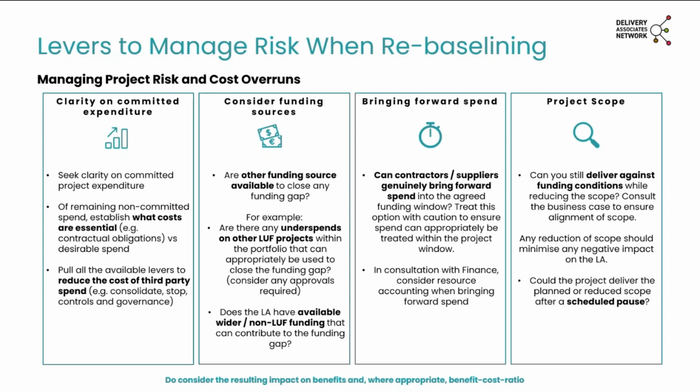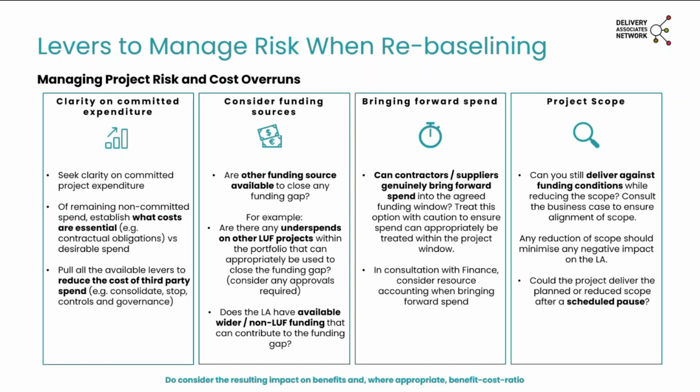This may reduce some of the need for the budget rebaseline, but it's a good idea to ask the question to be as clear as possible on the timelines that you're considering here. Please do speak with your finance colleagues to ensure that resource accounting is considered when bringing forward spend. That essentially means that we're making sure that the spend is captured in the appropriate financial period.